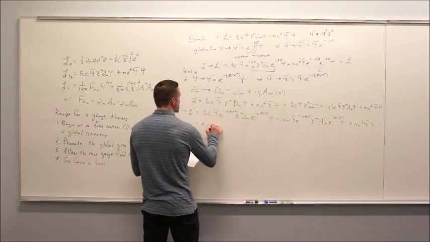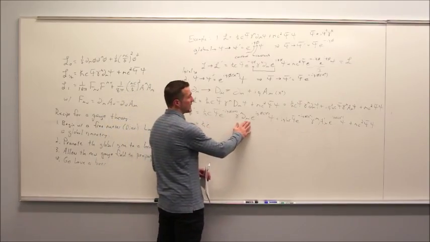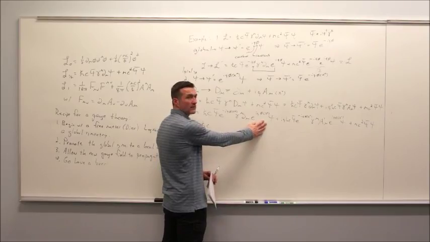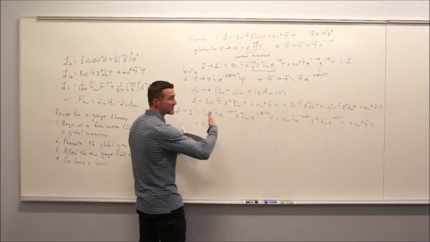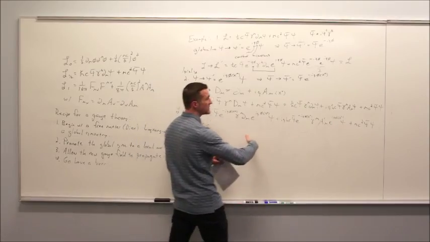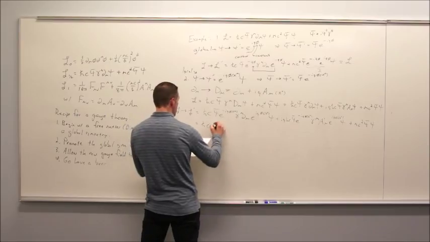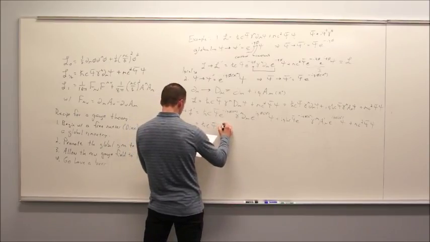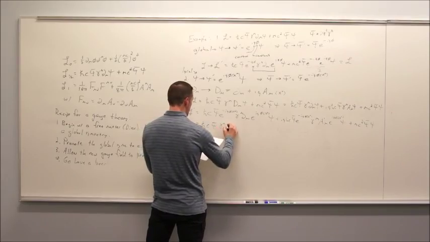So doing similar steps to what I did before, using the product rule to distribute this derivative, I'll get two terms, and then I can cancel the exponentials in both those terms, and then collecting everything, this is going to simplify to the following form: h bar c, psi bar gamma mu, d mu psi.